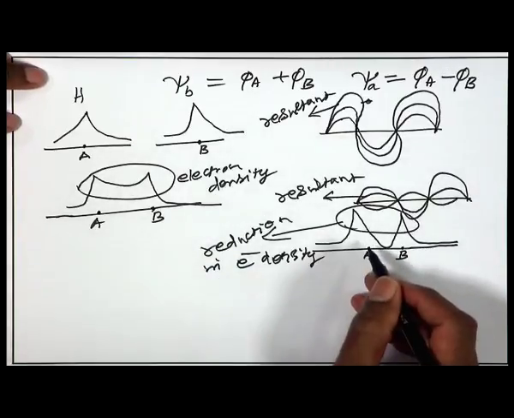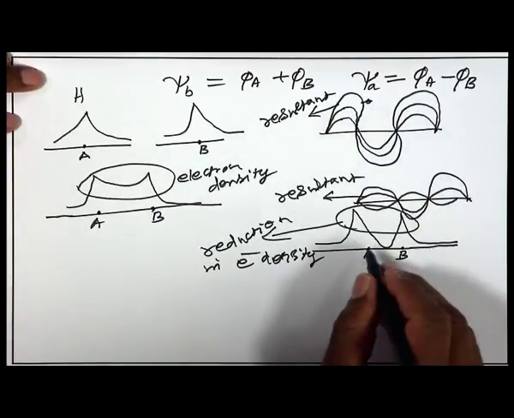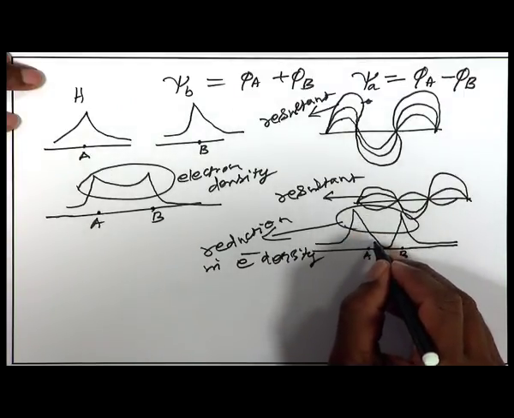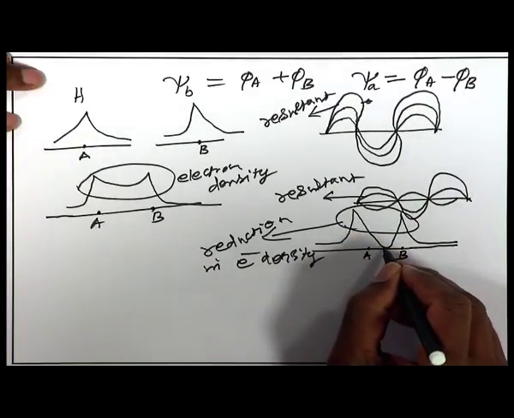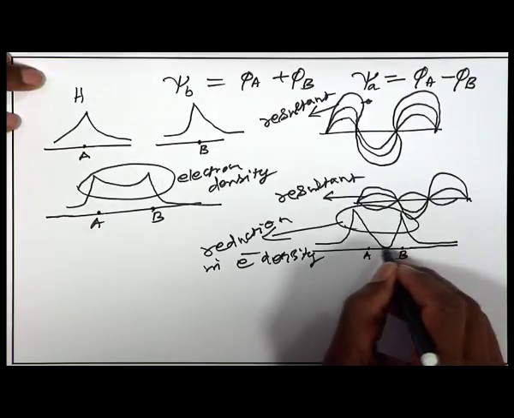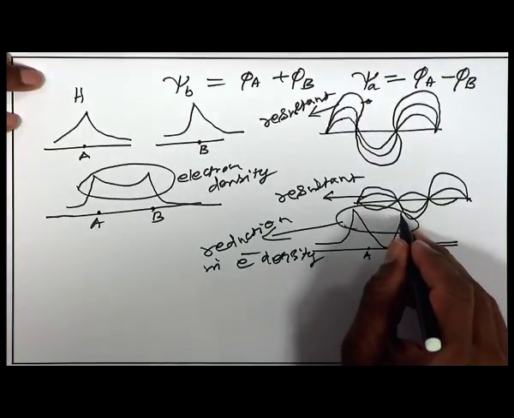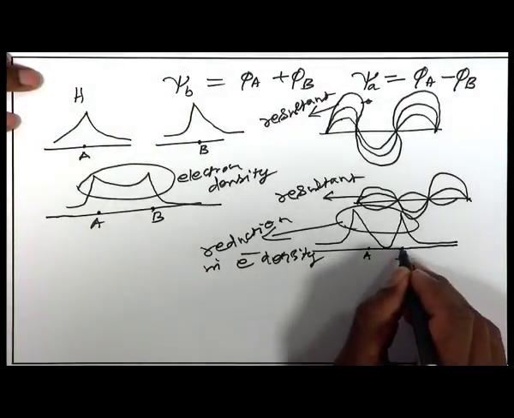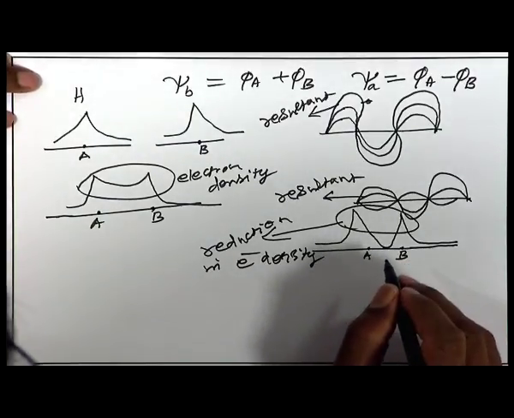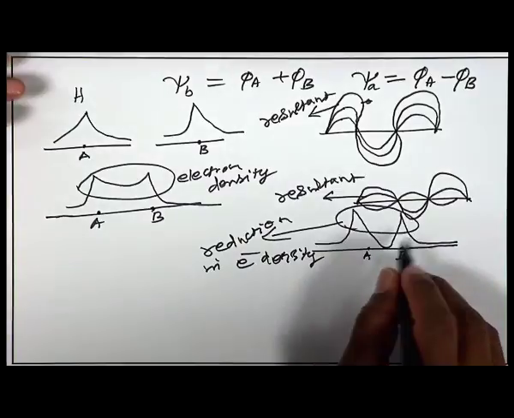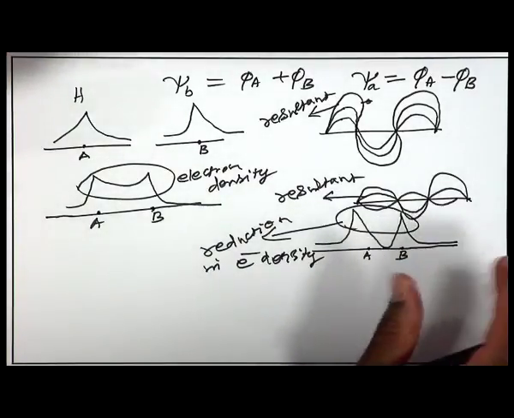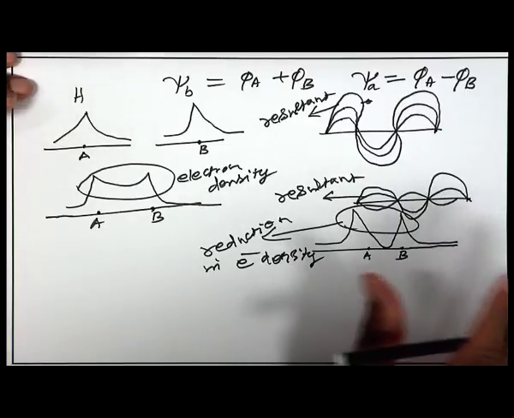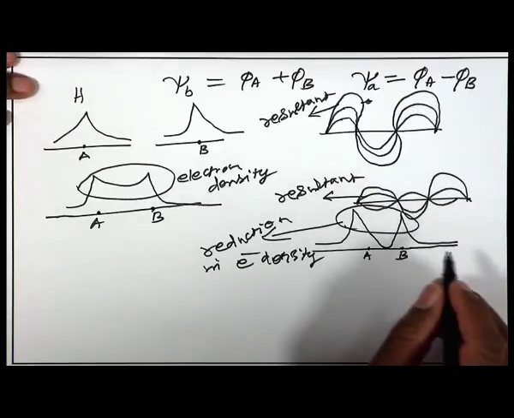When there is a reduction in electron density, you have an electron density of 0 here, and then there is an increased electron density on the outer side. You can see here between nucleus A and B, there is a reduction in electron density. That means, if there is electron density between two nuclei, then the nuclei are shielded and protected by the electrons.